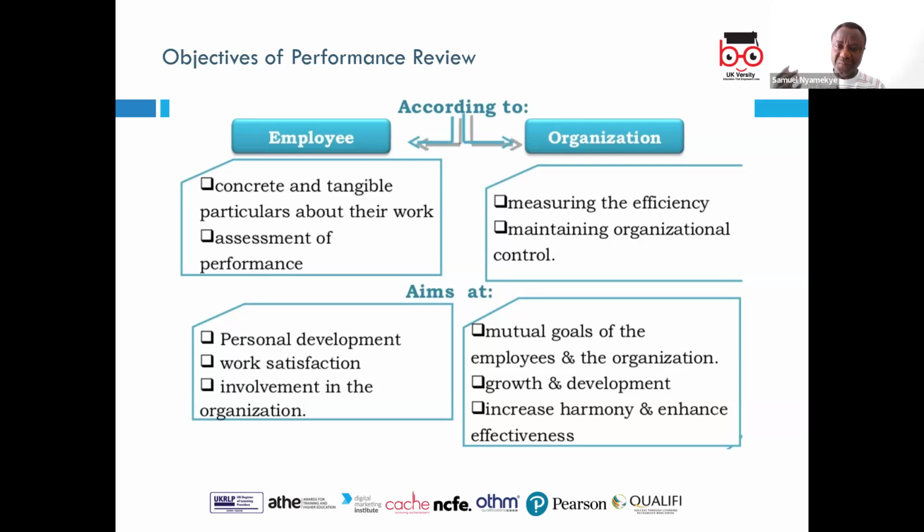On the organizational side, they are looking at how we can align the goals of the organization with those of the employee, to grant them job satisfaction so they give their best. We also look at how it brings growth and development of both the company and the individuals. And obviously, it enhances harmony and effectiveness.